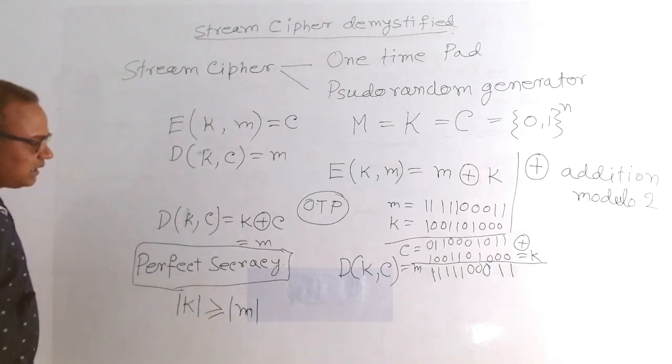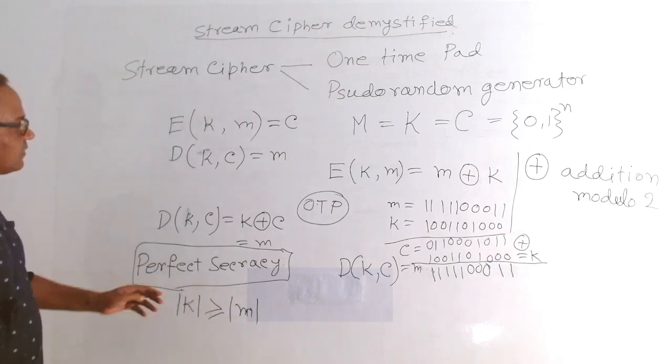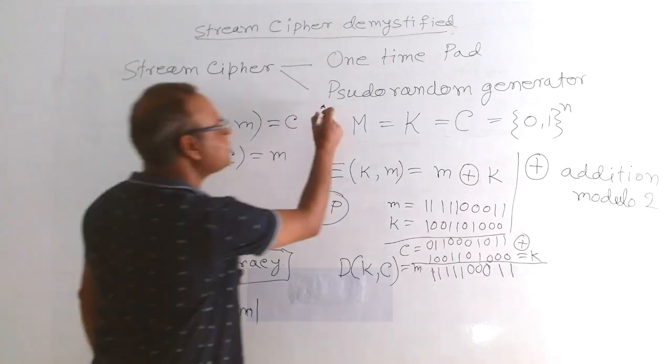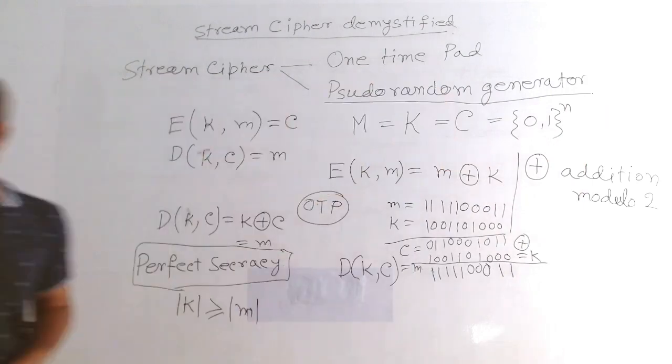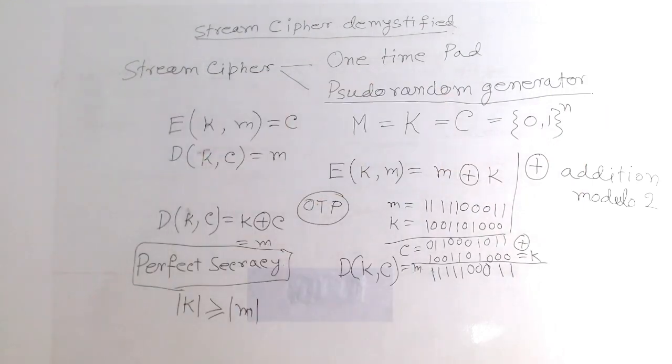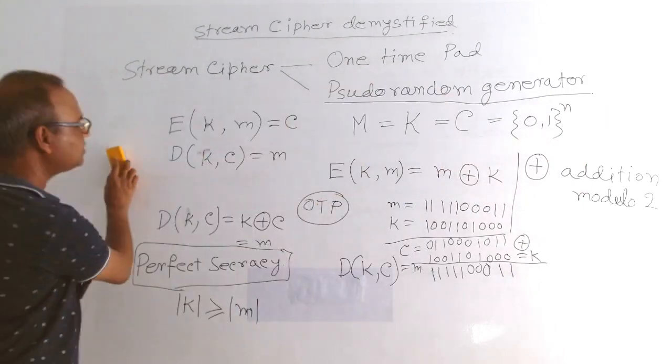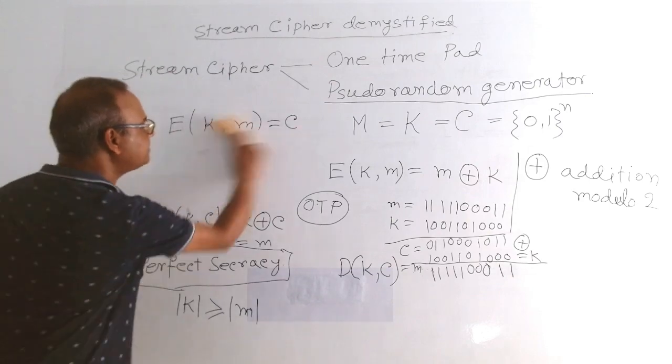So how can we handle these things? Here comes the second module, pseudo random generator. Okay, I am removing this OTP part and let's directly jump to pseudo random generator.